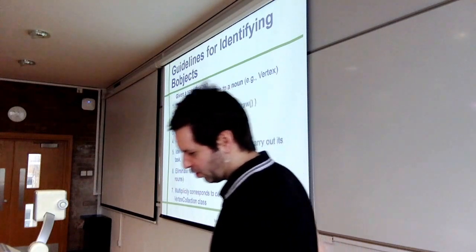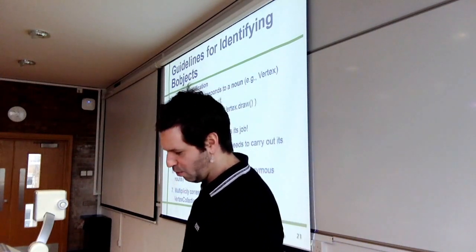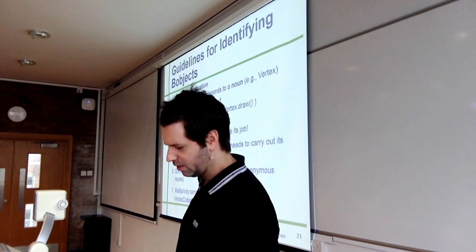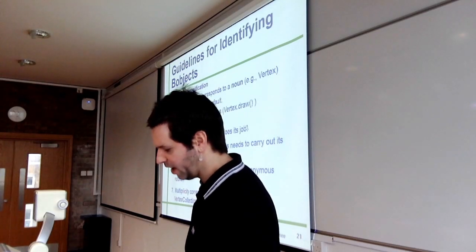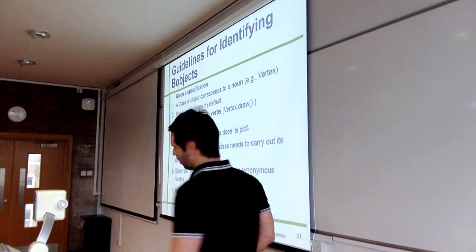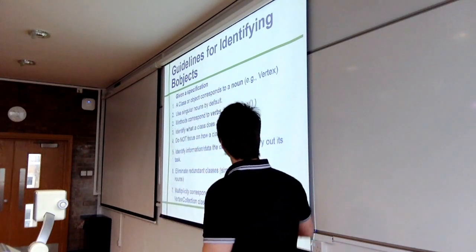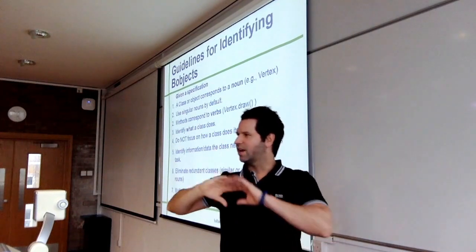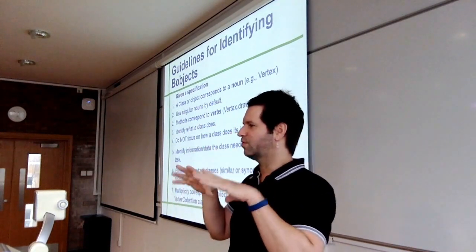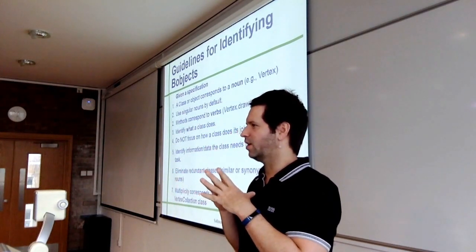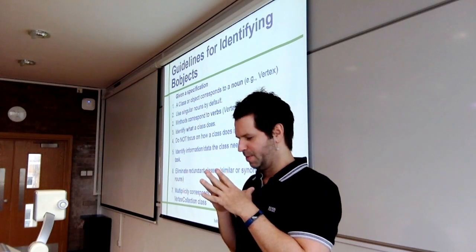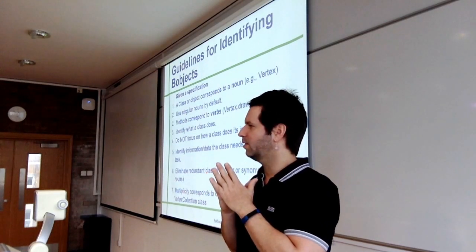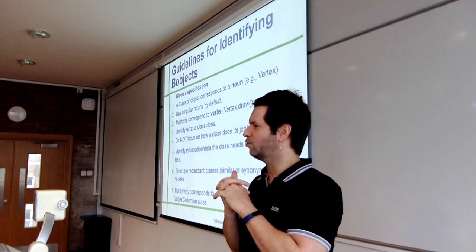Methods correspond to verbs, so we identify what a class does. Do not focus on how a class does its job. And this is one of those rare instances where I use an exclamation point. So forget about how for now. You just focus on what an object does. Does anybody know why? That's a very important rule.